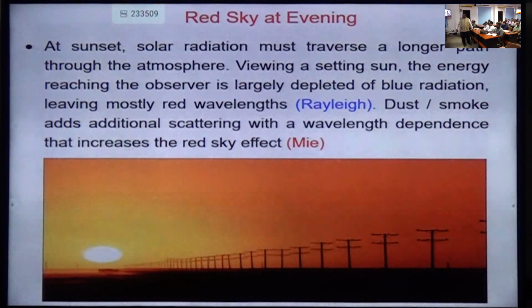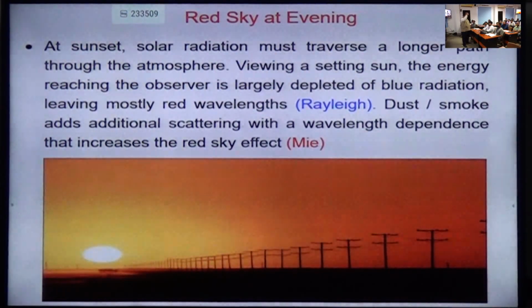Next slide. Yes, this is the effect of the red sky in the evening. At sunset, what happens? Already you know: blue, green, red. Whenever it is noon, what do we feel? More heat, because the sun is on the top. Whereas during sunrise and sunset, it is at a far distance. So whenever the distance is more, what happens?